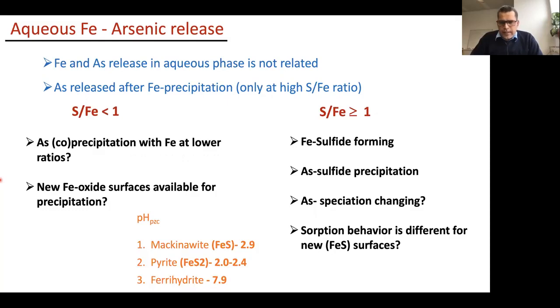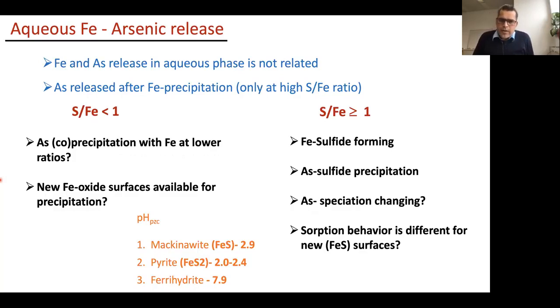Just briefly here, you already know all these things about mineral changes and PZC values, what they mean in terms of surface charge, and what they mean in terms of sorption of different contaminants. So we start with ferrihydrite. The PZC value is more or less 7.9 to 8, depending on the system you have.